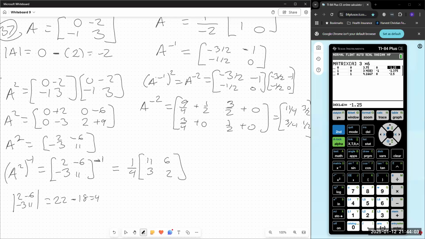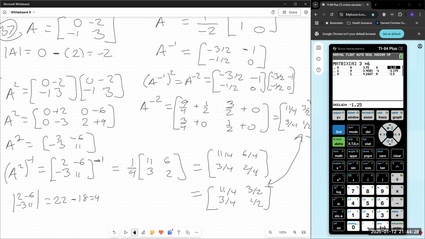And then I end up with 11/4, 6/4, 3/4, 2/4, and these even numbers reduce to give me 11/4, 3/2, 3/4, 1/2, which is exactly the same answer that I got the other way. So the order of these operations here, whether I squared and then took the inverse or took the inverse and then squared, didn't matter. That's what we wanted you to see with number 37.